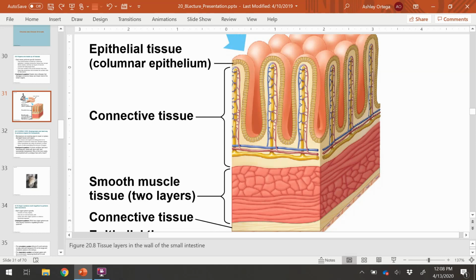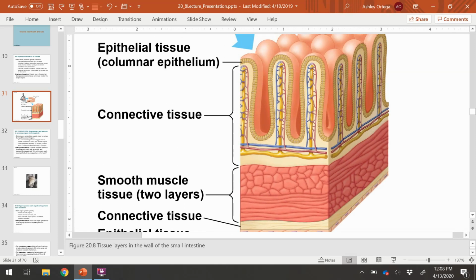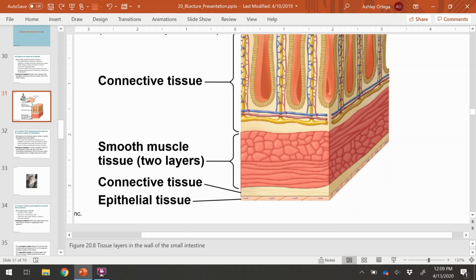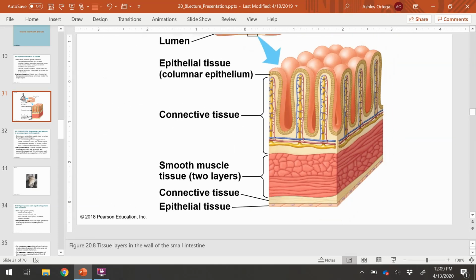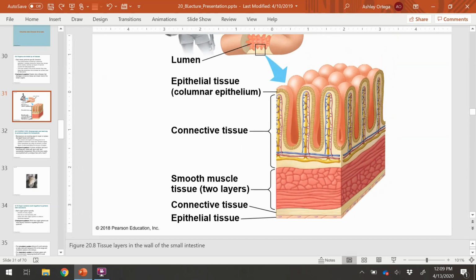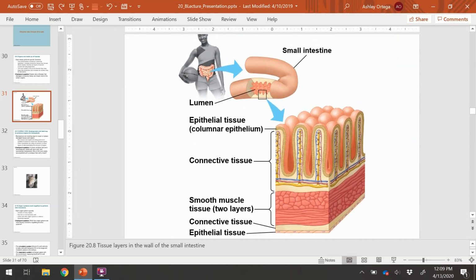That food will go through the cell and into the circulatory system that you see here, which is connected, if I'm remembering right, in part to the lymphatic system, in part to the nervous system. Below that, there are smooth muscle layers that help move that food along. So all these tissues are working together for this organ, the small intestine.